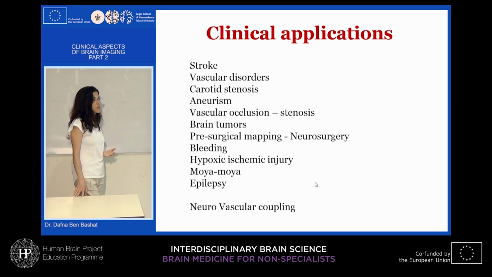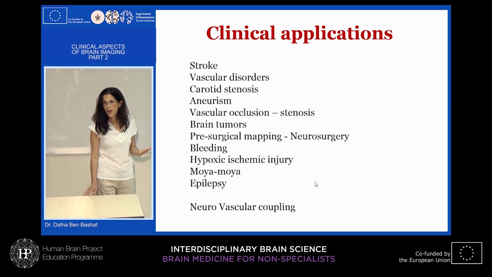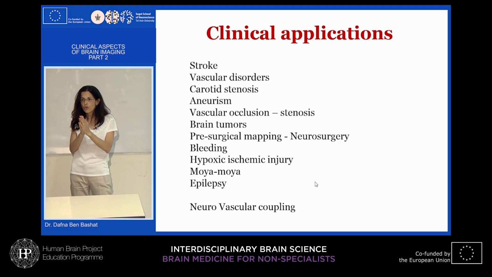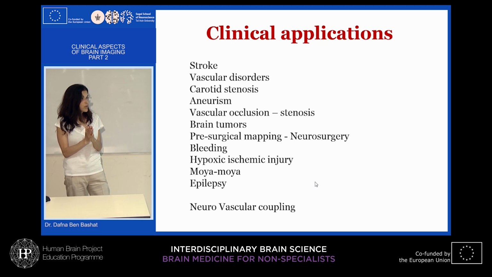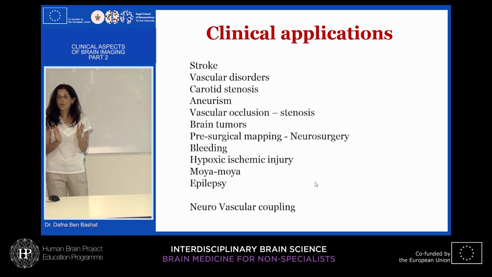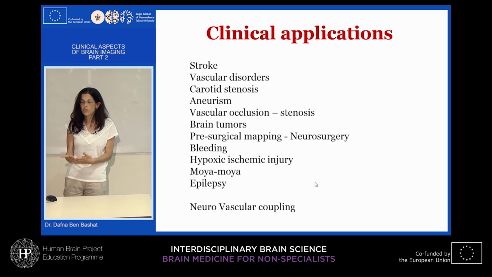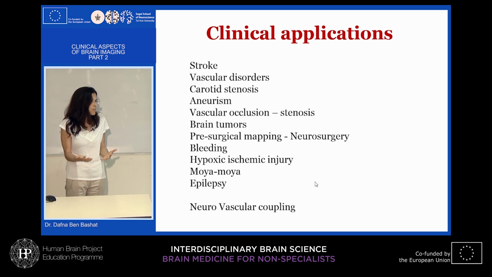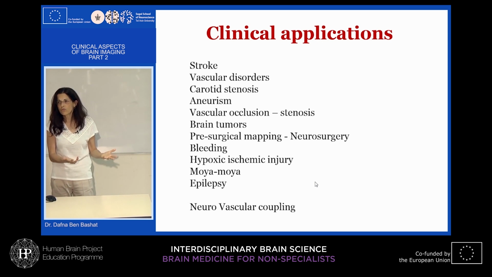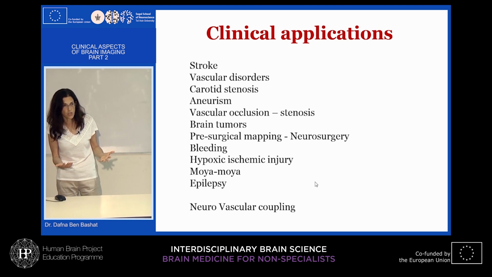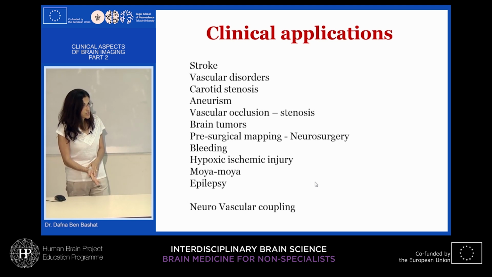And I'll emphasize this because when we're talking about fMRI, we don't actually monitor neuronal activity. What we monitor is the hemodynamic response. And unfortunately, many people forget it. So we have a stroke patient. He has a problem with his vascular system. And then we say, okay, the BOLD contrast doesn't respond, meaning there is no activation, meaning there is no hemodynamic response.